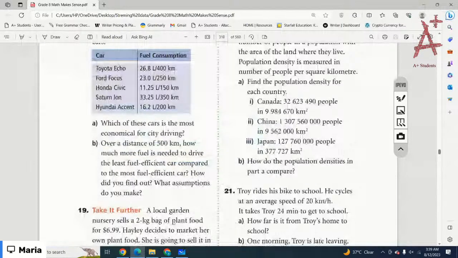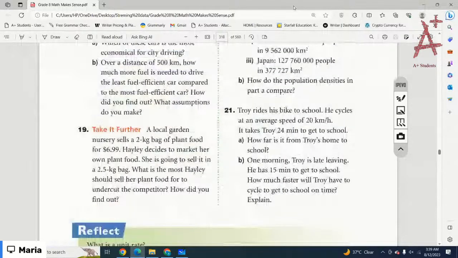Okay, let's just do question number 21. Troy rides his bike to school. He cycles at an average of 20 kilometers per hour.